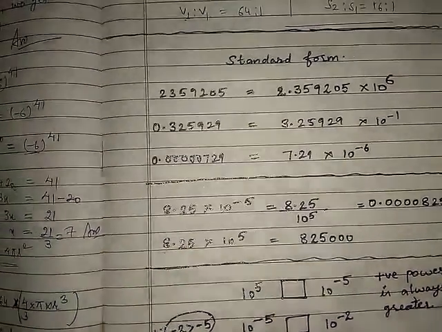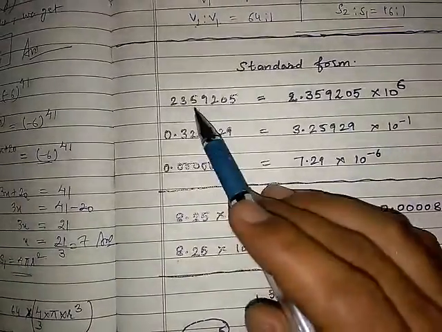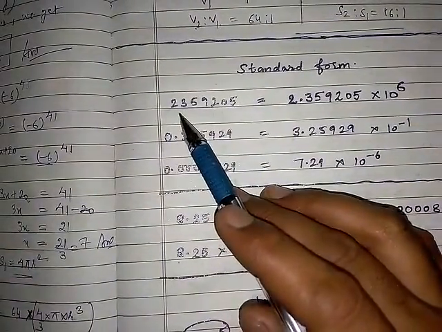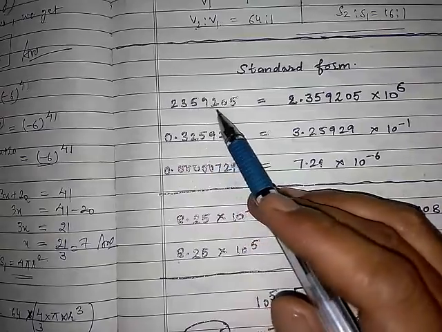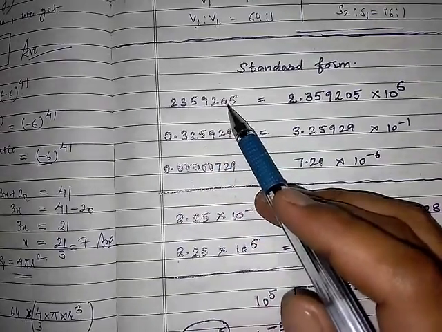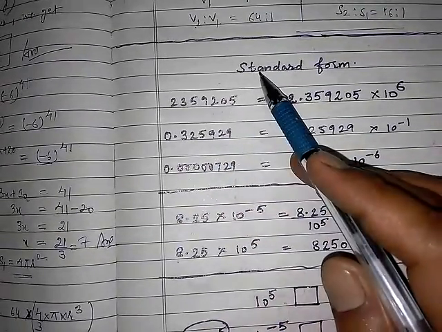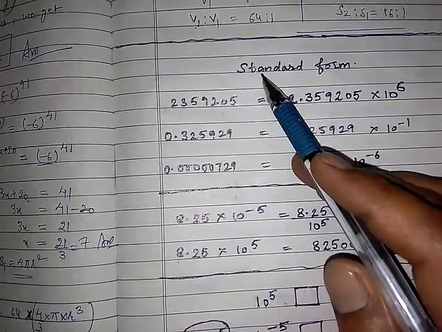So here we go with the standard form. Suppose you are given a number 2359205. It's a big number. Then you need to convert it into the standard form.